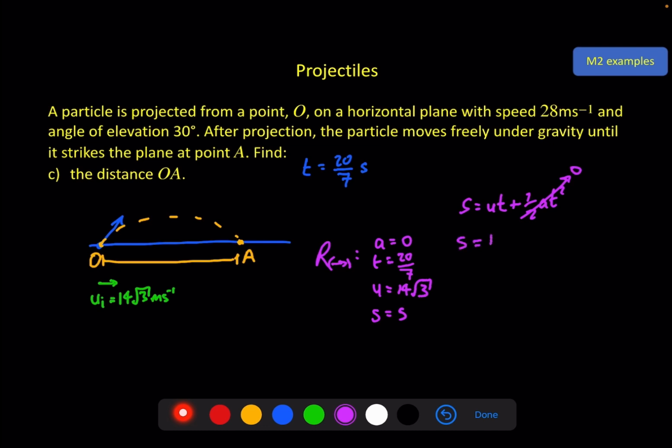So s is equal to 14 root 3 times 20 over 7. And that gives us a final answer of 40 root 3, or in decimal form, 69.3 to 3 significant figures, meters. And that is our final answer for part C.